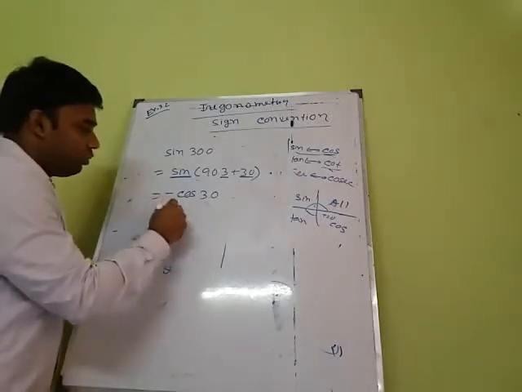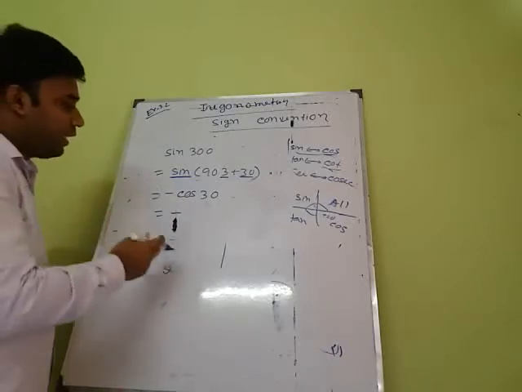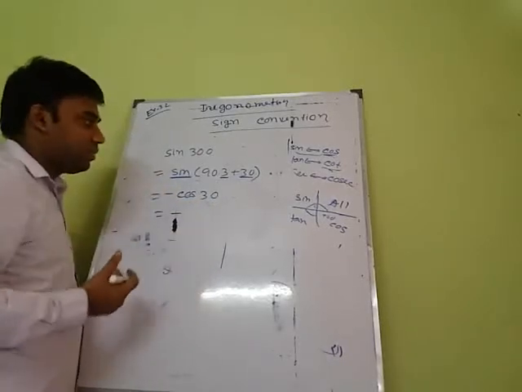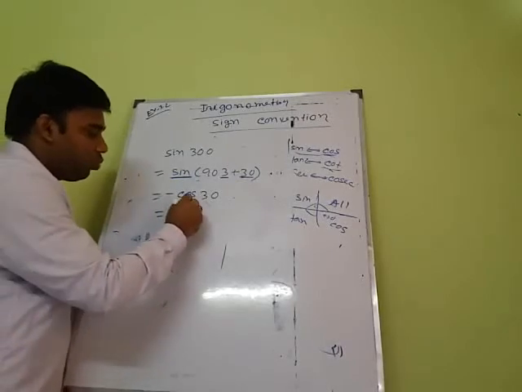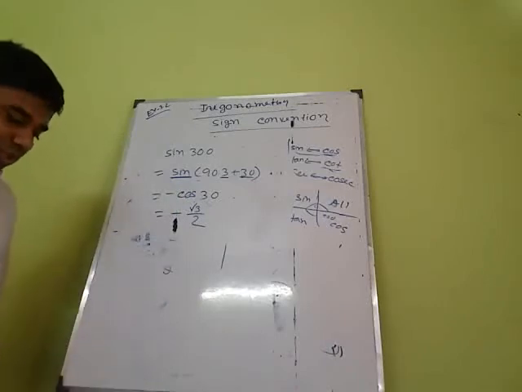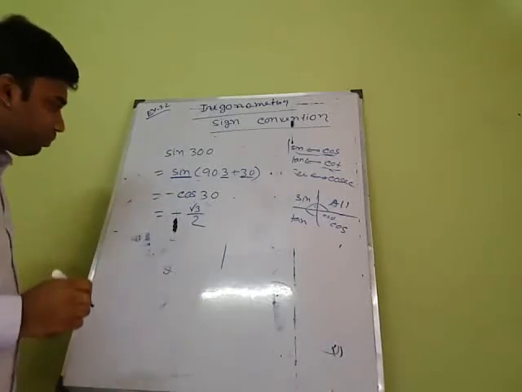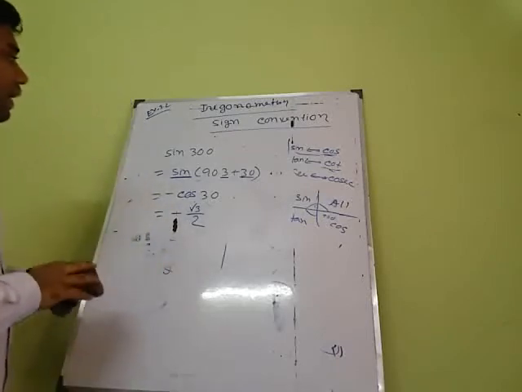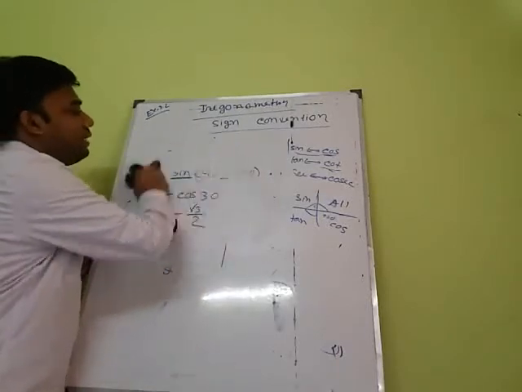And we have studied the values of sine and cos 30 in class 10, that is cos 30 means root 3 by 2. Okay. In such a way, we can find the value of angles more than 90 degree.